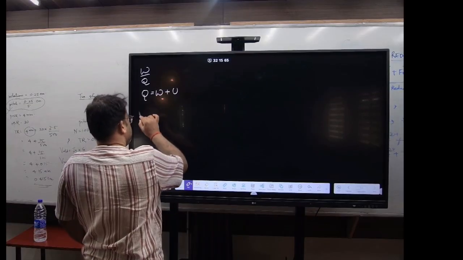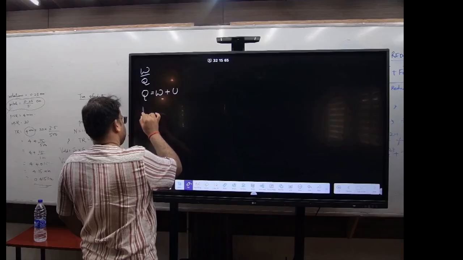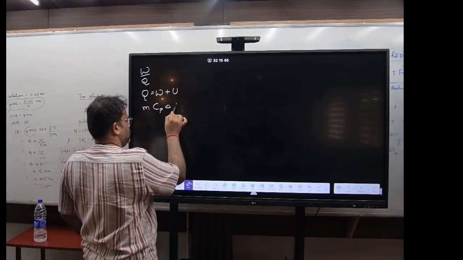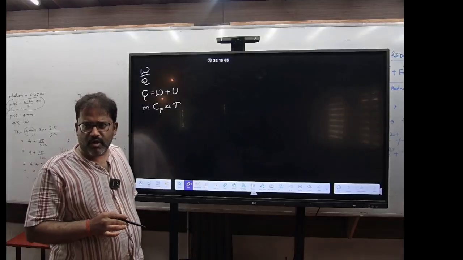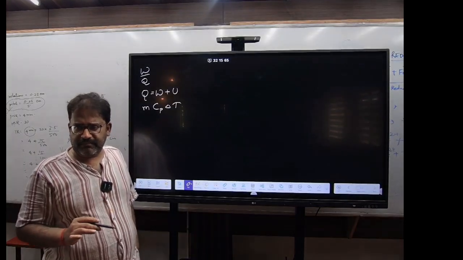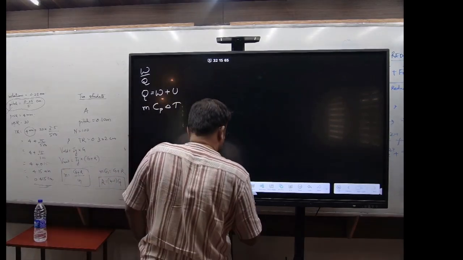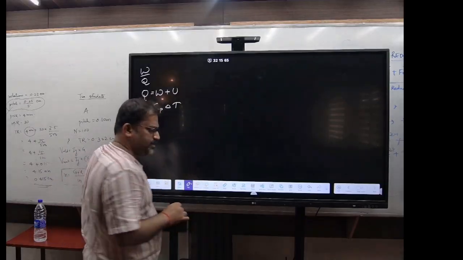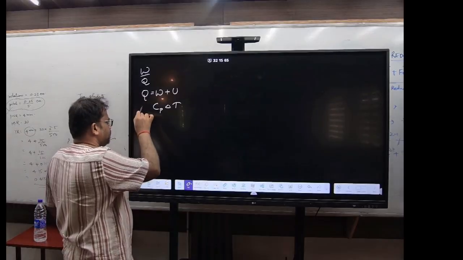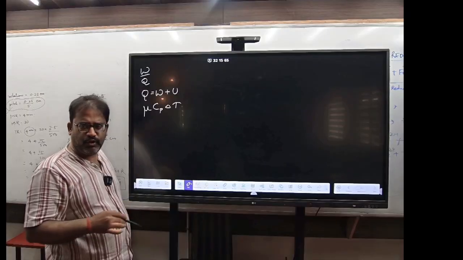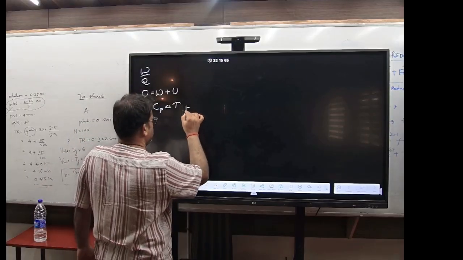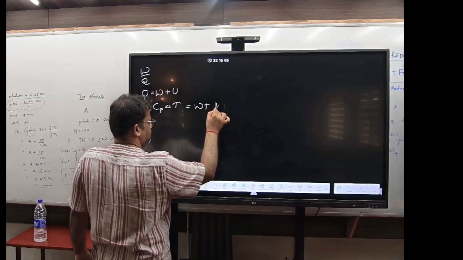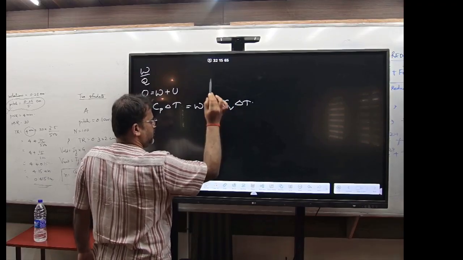Now here this Q can be taken as M into Cp into delta T, or mu Cp into delta T. If it is moles, we take it as mu; if it is mass, we take it as M. So it is mu Cp into delta T, that is equal to work done W plus the change in internal energy U, which is mu Cv into delta T.